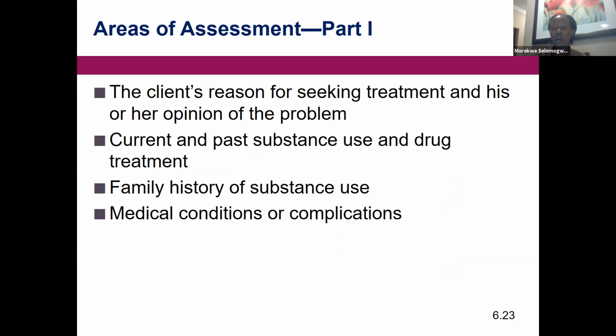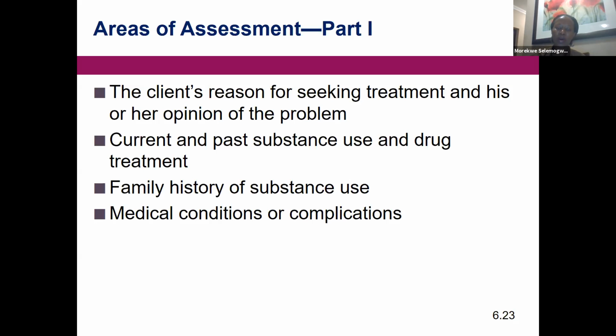This relates more to you being able to determine the level of motivation in terms of engaging in treatment. It also helps you to see where they are in terms of the stages of motivation that Beatrice talked about yesterday. Whether it is somebody else saying come for treatment or they actually see it as a problem.